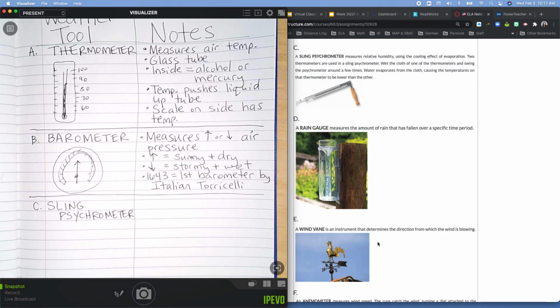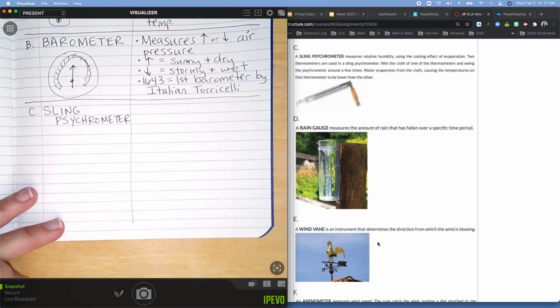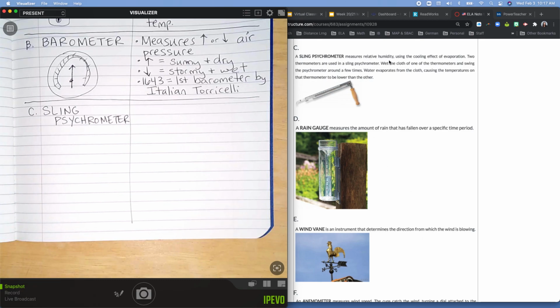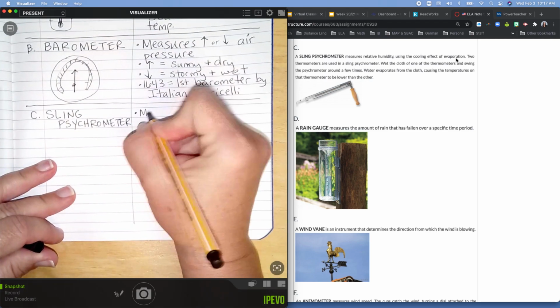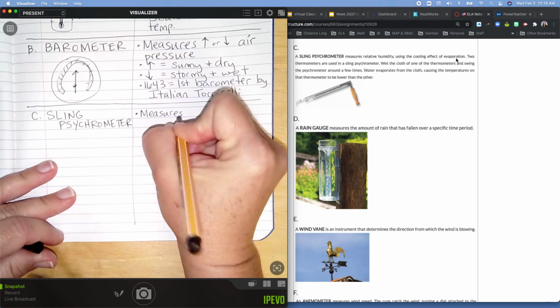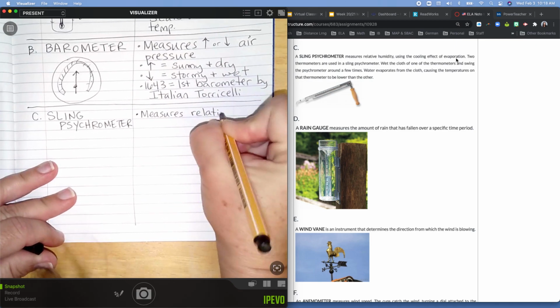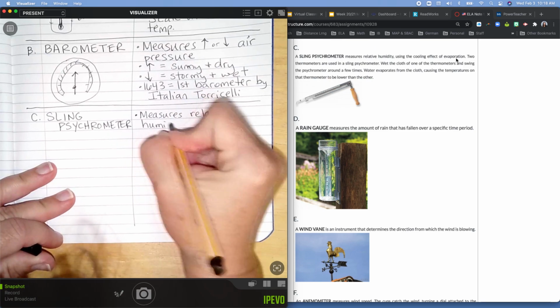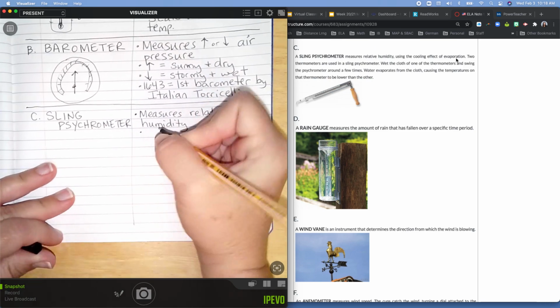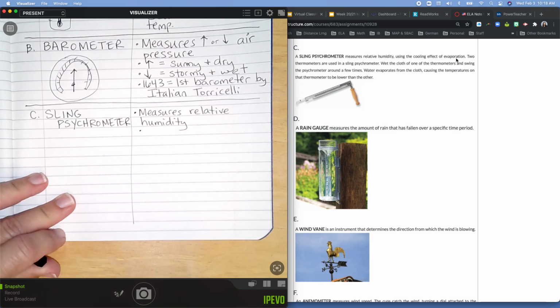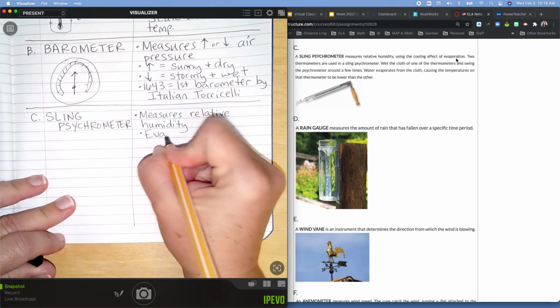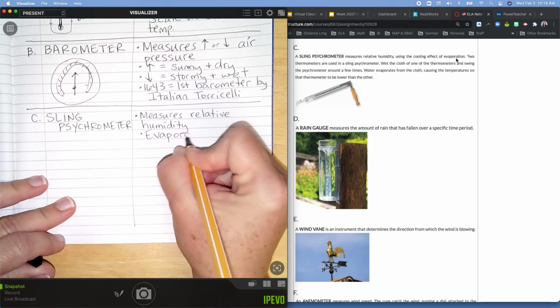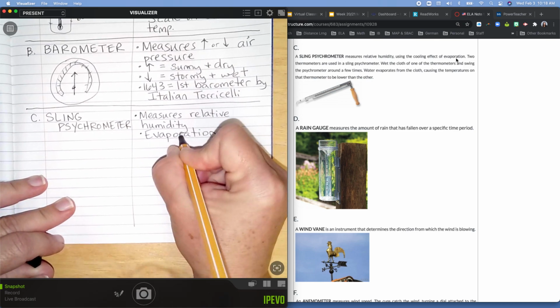So a Sling Cyclometer, and I'll move my notes up so you can see better, measures relative humidity. Not really sure what that means. Using the cooling effect of evaporation. Okay, I know what evaporation is. So measures relative humidity and I'm just going to put evaporation.